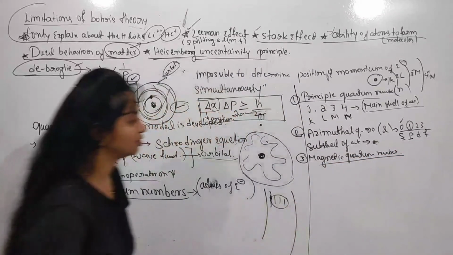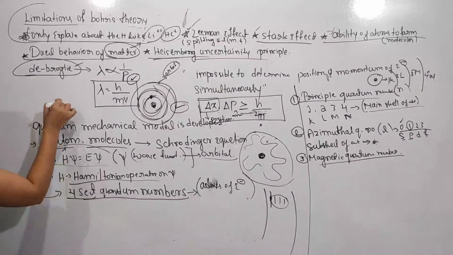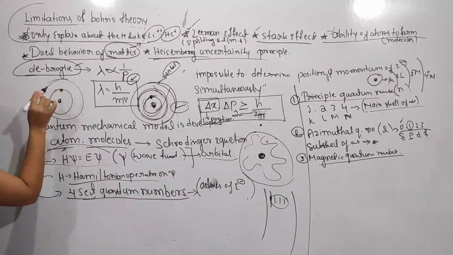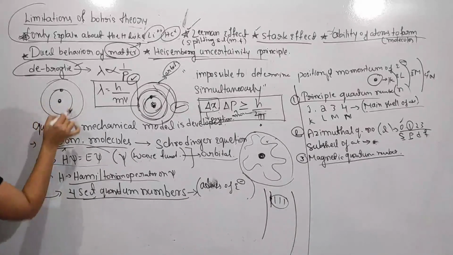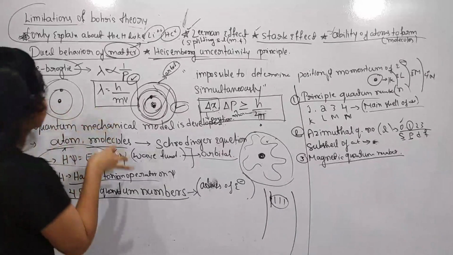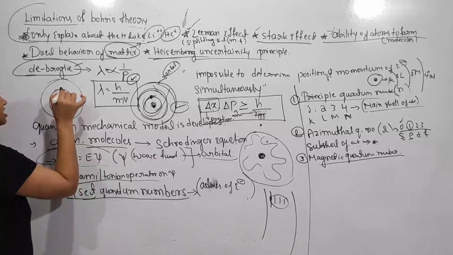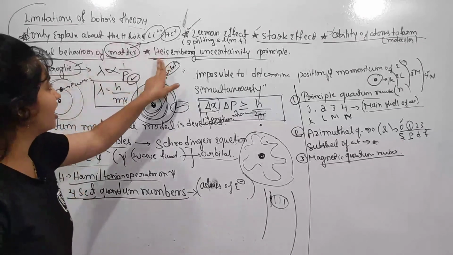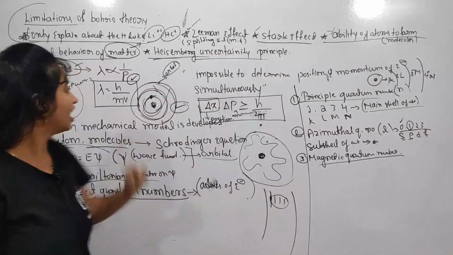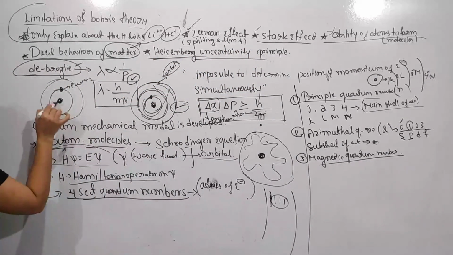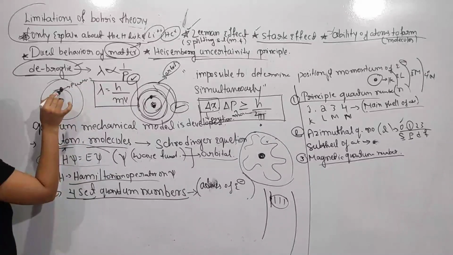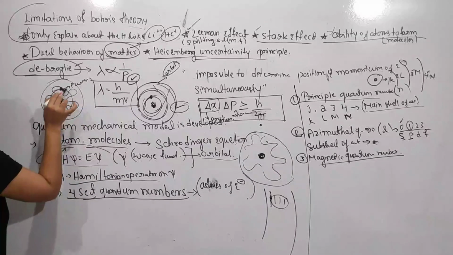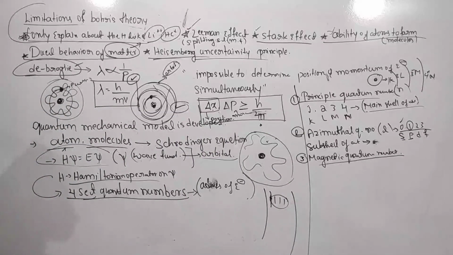I already told you, Bohr says the electrons revolve around the nucleus in a certain circular path, and he says this electron behaves as a particle. But Heisenberg says the electron does not revolve like a particle; it revolves in three dimensions in the form of wave nature.